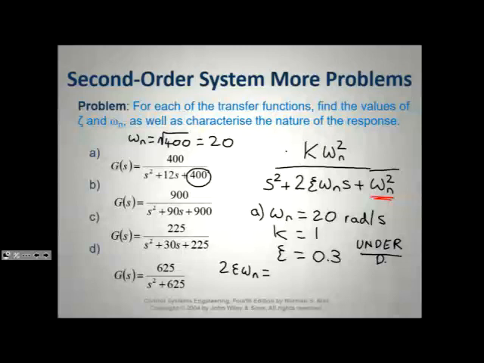Looking at the bottom line there, comparing that equation to this one. 12. Just 12. Okay, the s's don't come into it. It's just this part here. So that's equal to 12, so now we can put our values in. So zeta is going to be 12 divided by 2 times 20, which should give us 0.3, yeah?